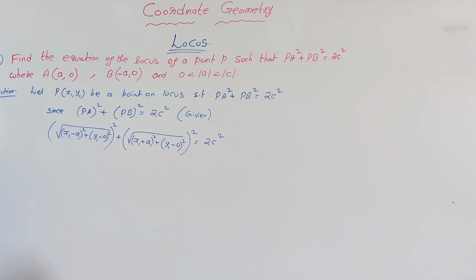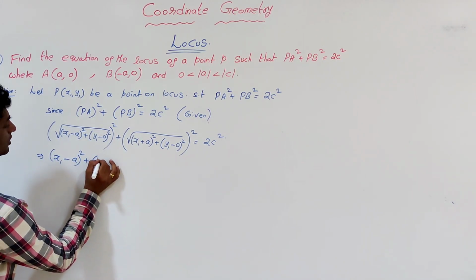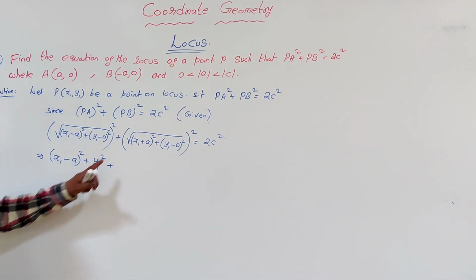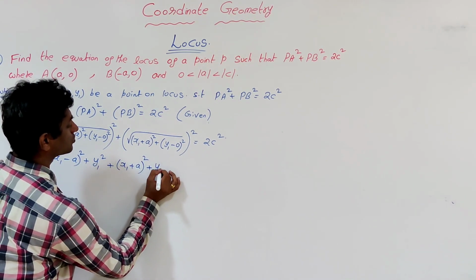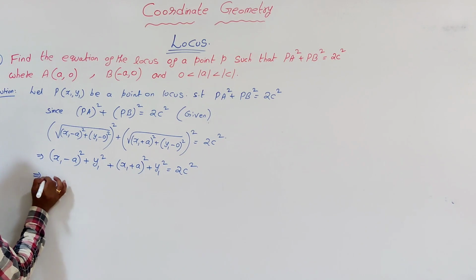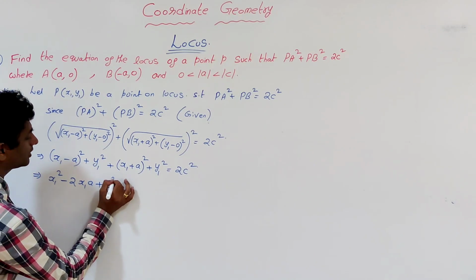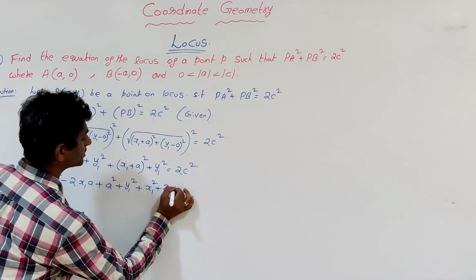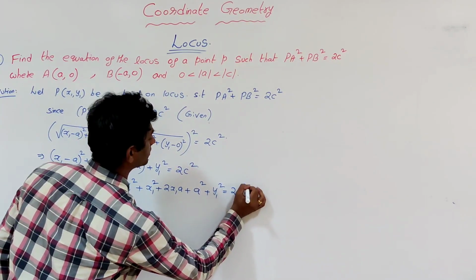So the square and square root get cancelled, and it will be (x1 - a) whole square plus y1 square plus (x1 + a) whole square plus y1 square is equal to 2c square. On expanding, x1 square minus 2x1a plus a square plus y1 square plus x1 square plus 2x1a plus a square plus y1 square is equal to 2c square.